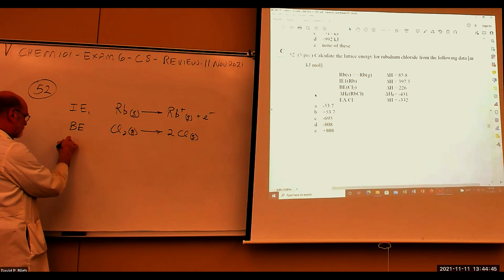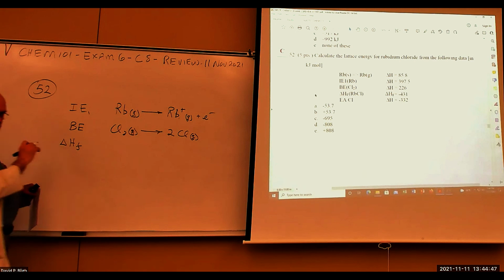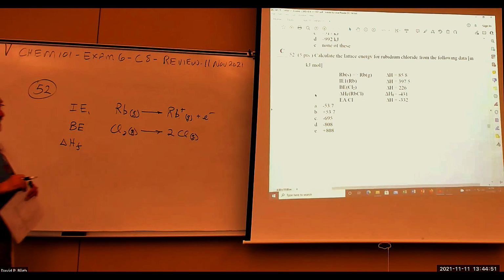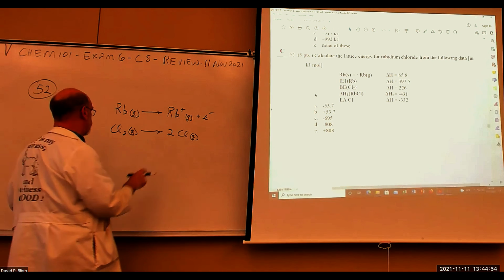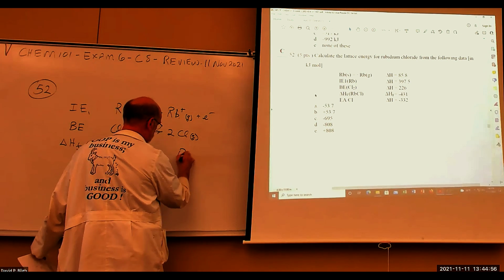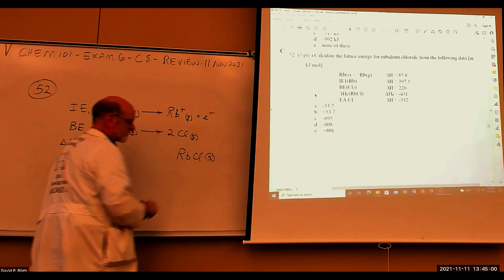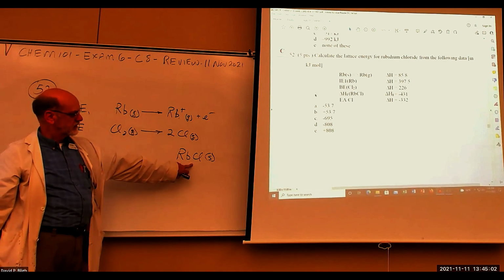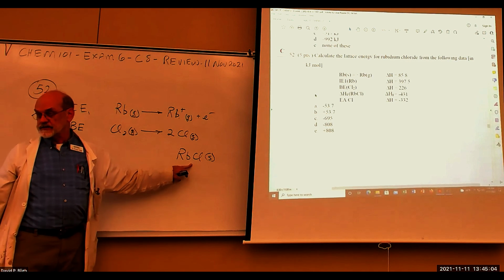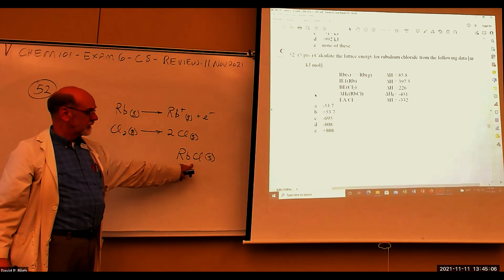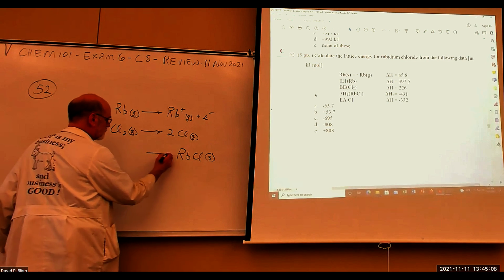Delta HF. Enthalpy of formation. Remember how to do that one? Enthalpy of formation, rubidium chloride. You start on the right. Rubidium chloride. The most stable form, if this is solid rubidium chloride, because it's an ionic compound. And then you work backwards.